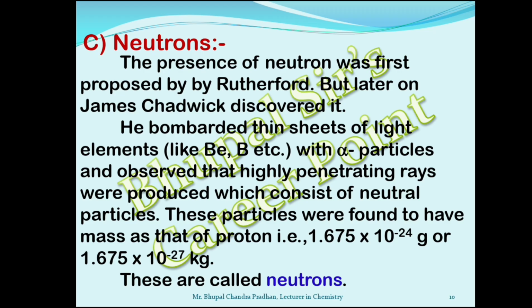These particles were found to have a mass similar to that of a proton, that is 1.675 × 10^-24 gram or 1.675 × 10^-27 kg. In the case of a proton, this is 1.672.